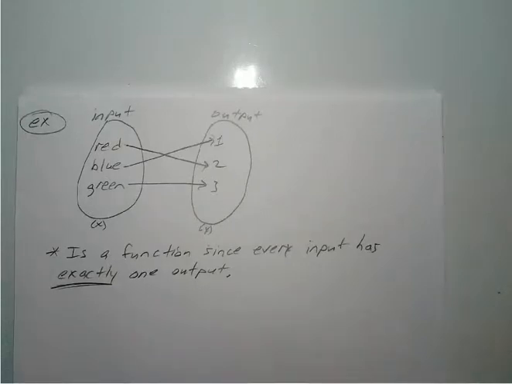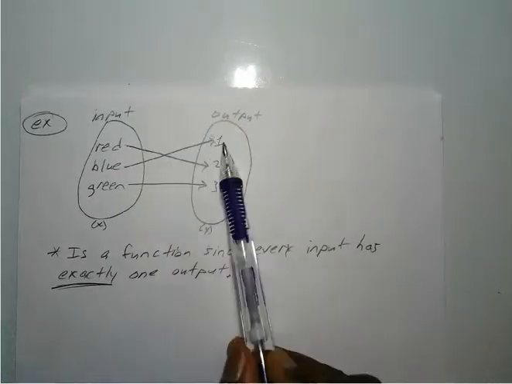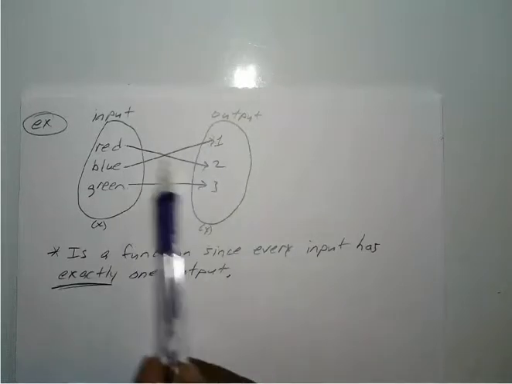We can also tell that it's an inverse function since every output has exactly one input. If you look at the arrows and follow them back, each arrow only goes to one input.